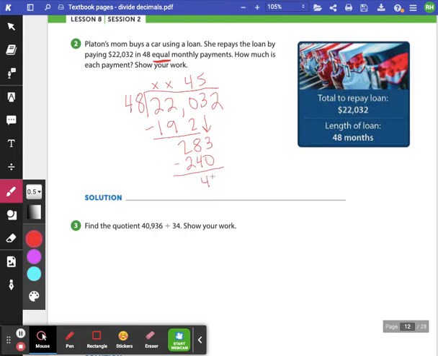I have 43 left. Bring down my last 2. 48 goes into 432 exactly 9 times. So I know each payment is $459.